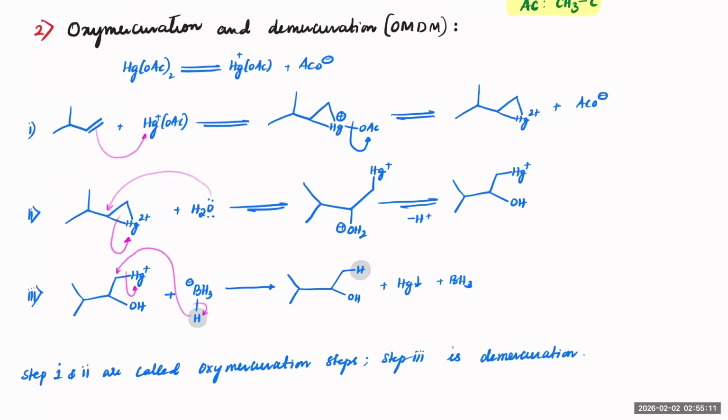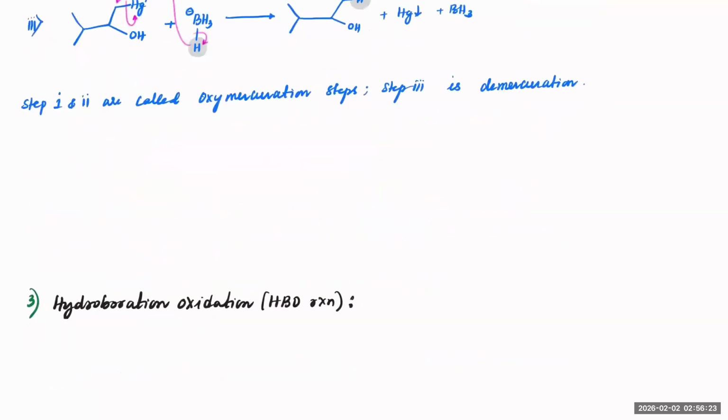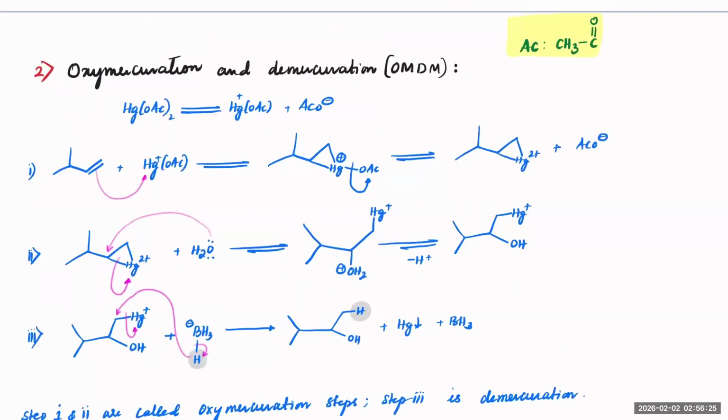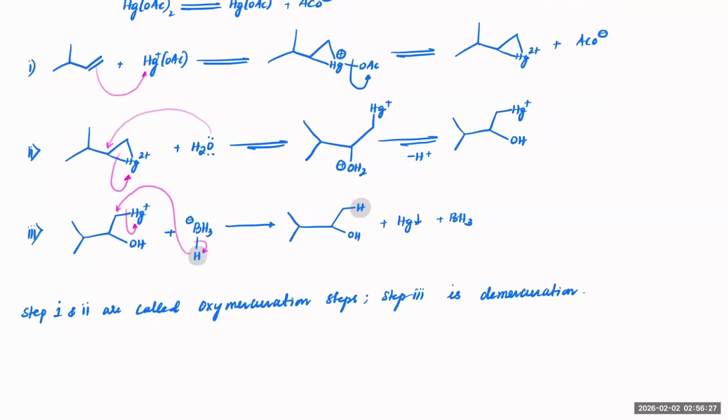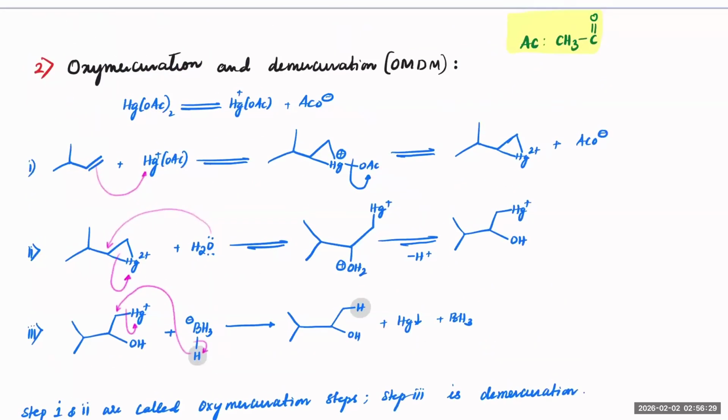Make a note. There is one thing you should realize. When mercury was adding here, this step where mercury got added onto this double bond position, it added from the same direction. So the first step is syn addition.